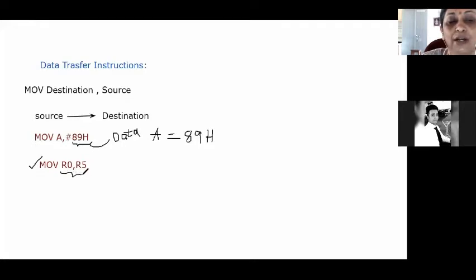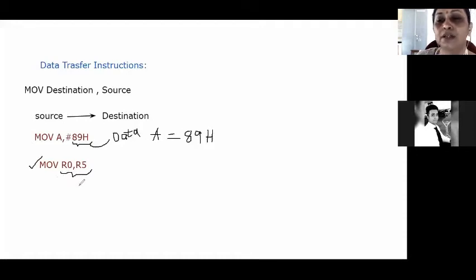What are the operands? Register. Yes, R0 and R5 are registers. So as only registers are used in the operand field, this type of addressing mode is called register addressing mode.